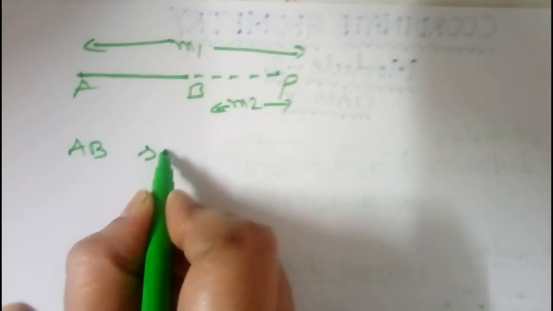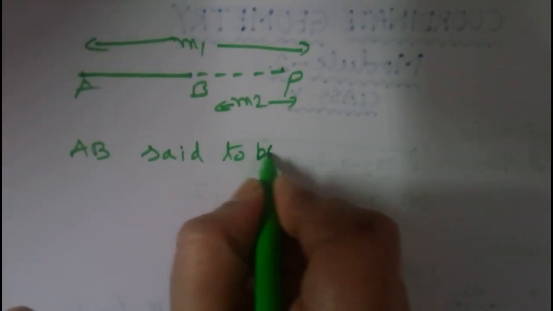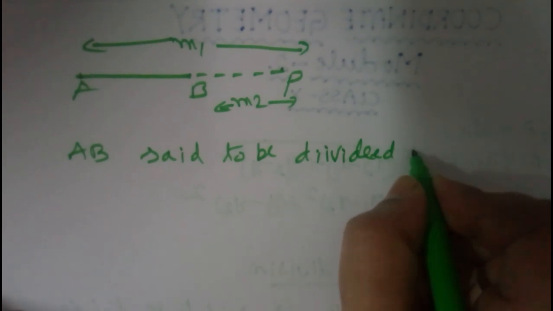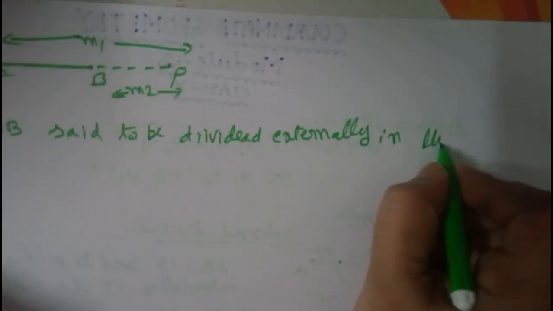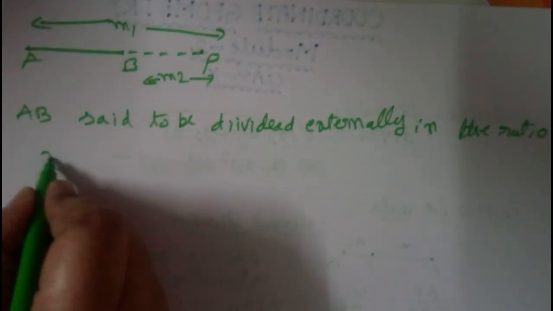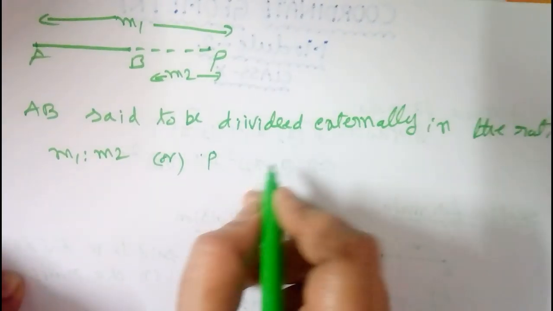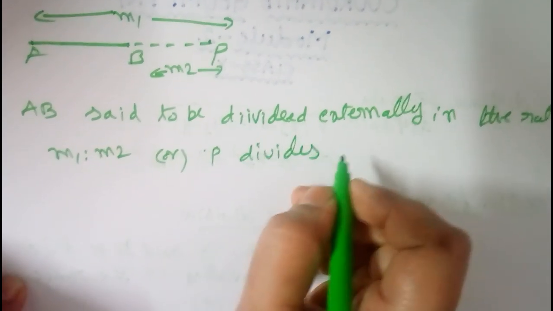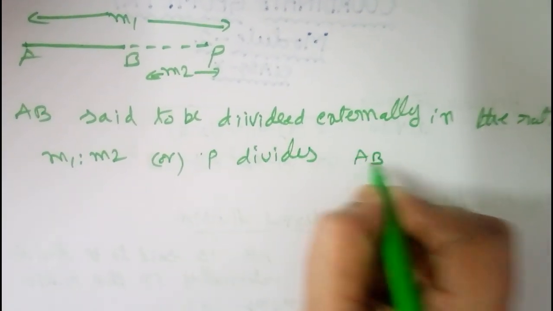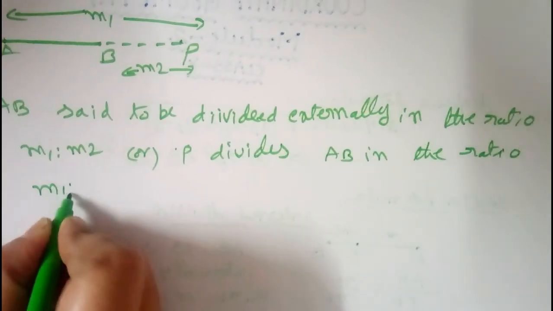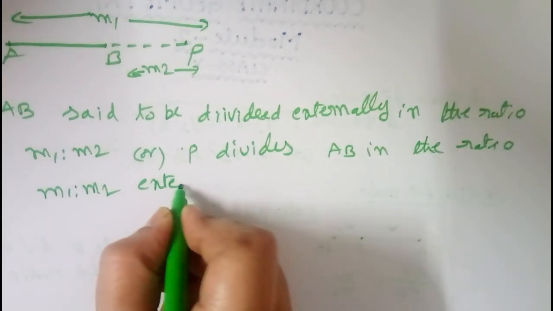AB is said to be divided externally in the ratio m1 is to m2, or this point P divides AB in the ratio m1 is to m2 externally.